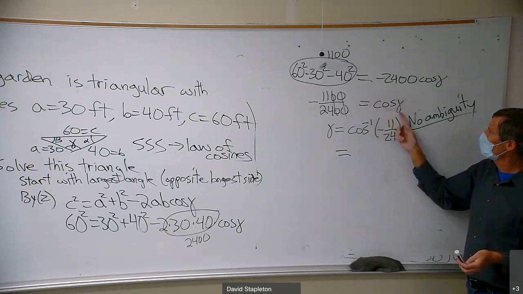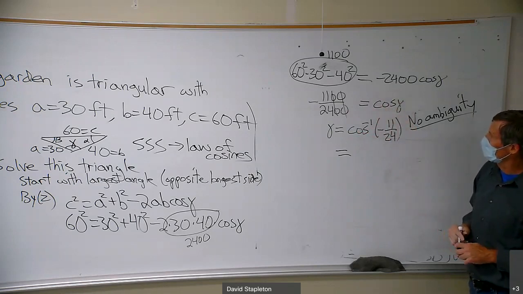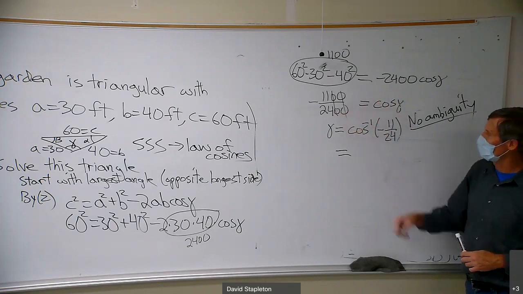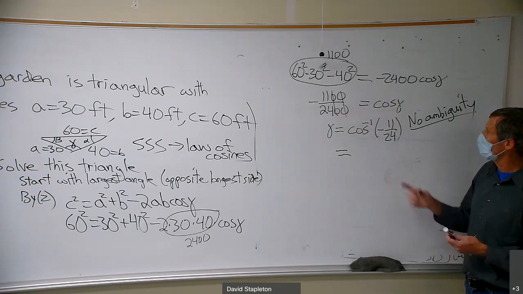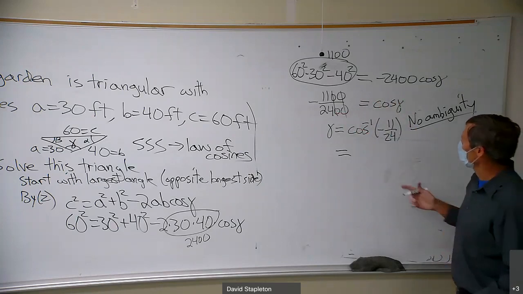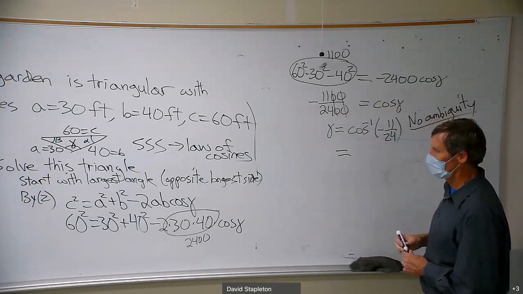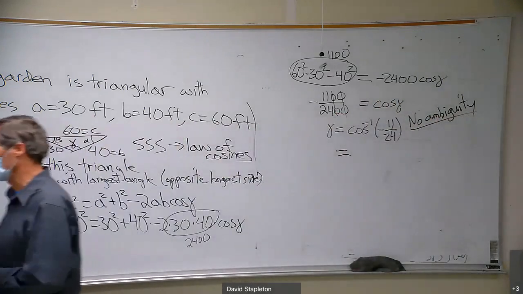Cosine gives you the unique angle between 0 and 180 degrees whose cosine is this number, and the angle in the triangle is the angle between 0 and 180 degrees, so that's always it. This always gives you the angle that you want, and you don't have to worry about a second case like you do with the law of sines.